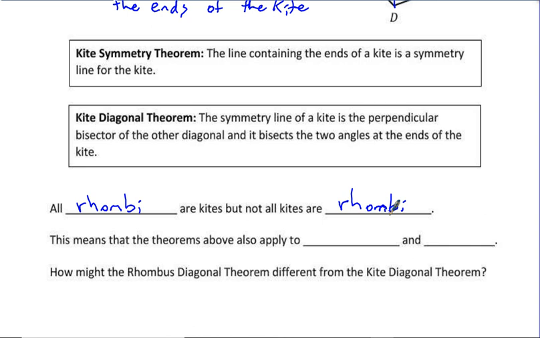So a rhombus is a kite, and both of those are quadrilaterals, being four-sided shapes. But just because it's a kite does not mean that it's a rhombus specifically. We explored that last class in more detail, just as a review. And this, of course, means that the theorems that we've just looked at apply to rhombi and squares as well.